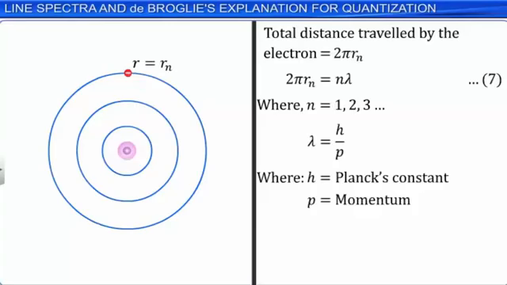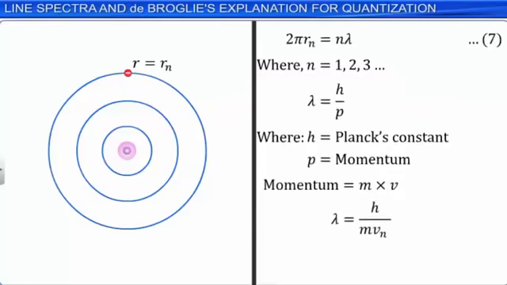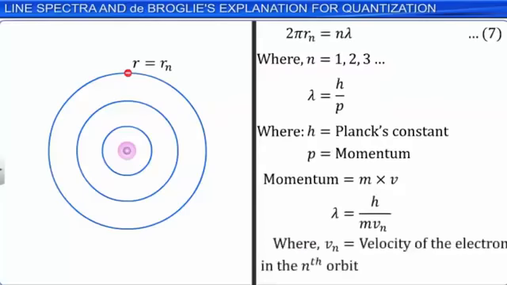As momentum is the product of the mass m and the velocity v, we have λ is equal to h by mvn. Here, vn is the velocity of the electron in the nth orbit. Substituting the value of λ in equation 7, we have 2πRn is equal to nh by mvn.